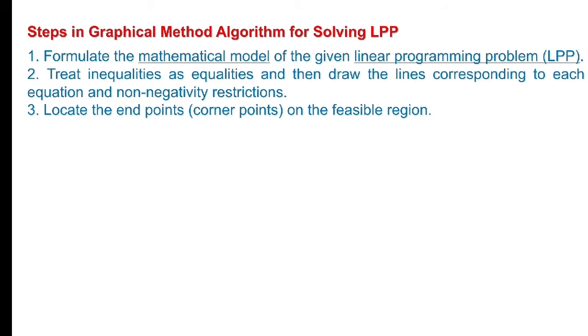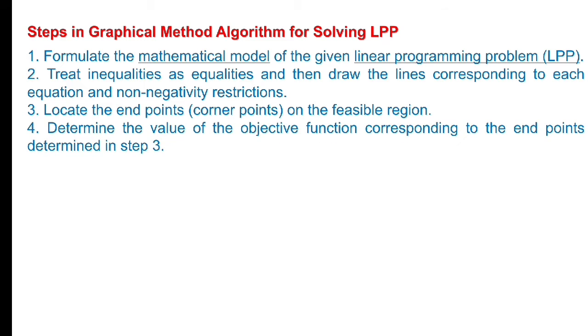Locate the endpoints, that is the corner points, on the feasible region. Feasible region means the common region for the given constraints. Determine the value of the objective function corresponding to the endpoints or corner points. According to that, we find the maximum or minimum.